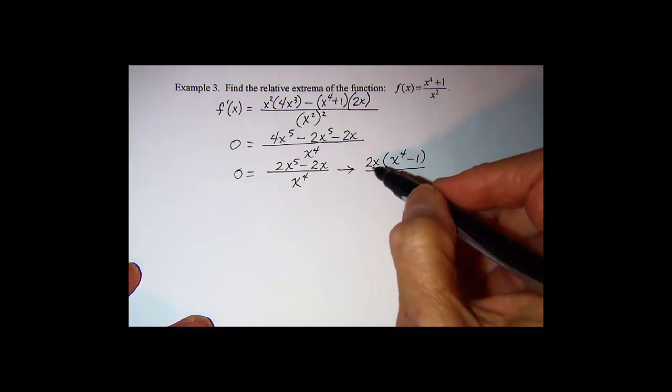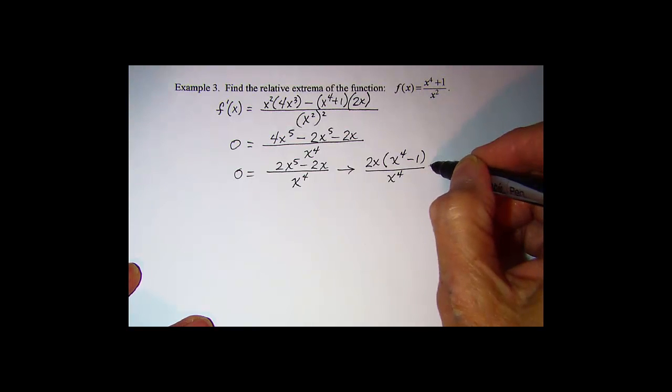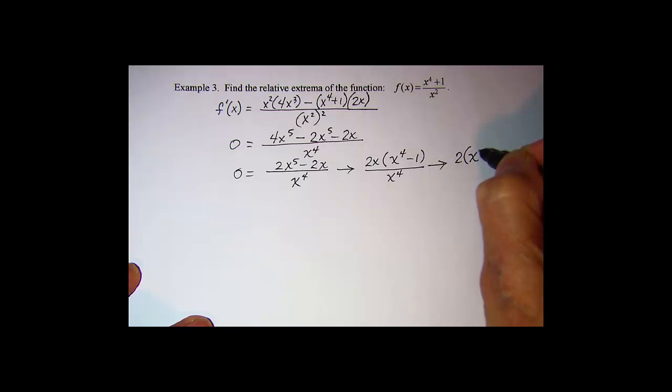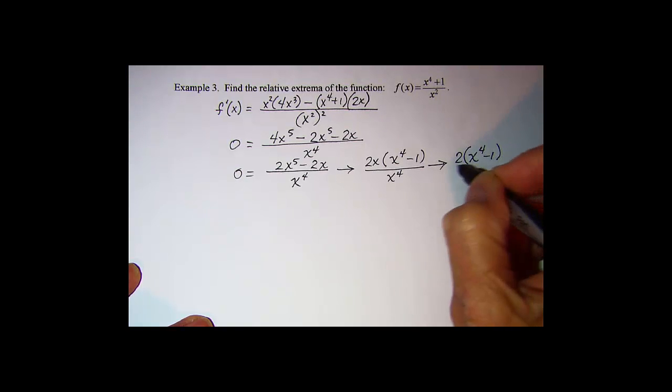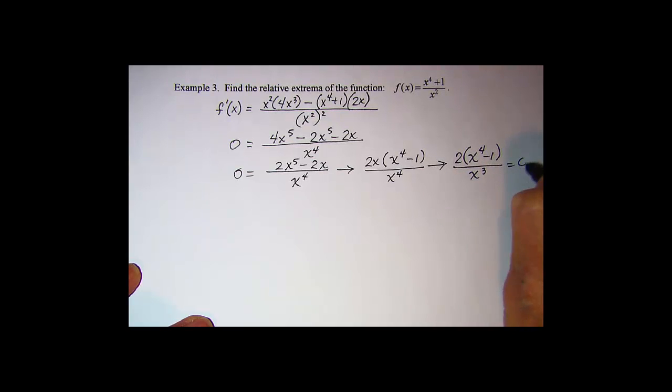And we can take this x factor and cancel with one of these. So this becomes 2 times the quantity x to the fourth minus 1 over x cubed. And that's equal to 0.